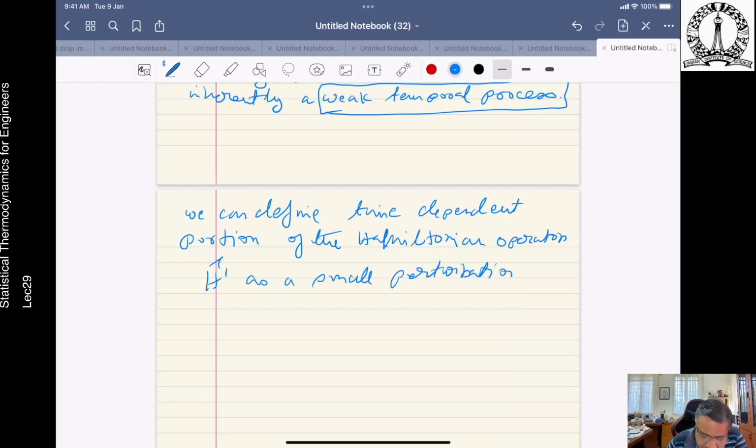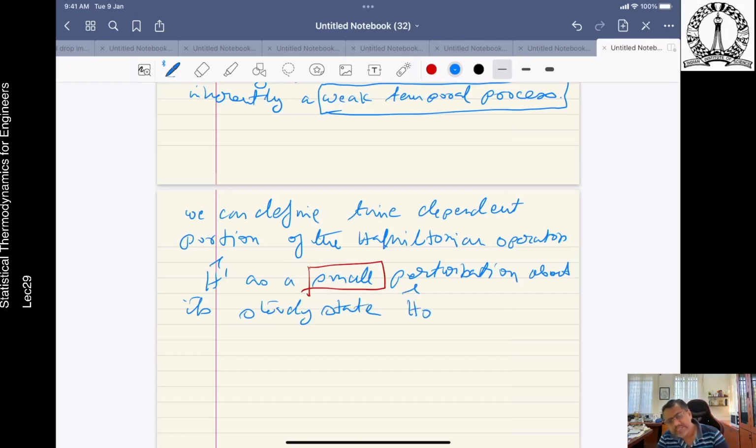The key word here is small perturbation about its steady state manifestation, which can be written as H naught hat. So it is essentially like the linear stability type analysis in fluid mechanics: there is a perturbation component which is time dependent, and it is acting on the steady state manifestation, which is H naught.